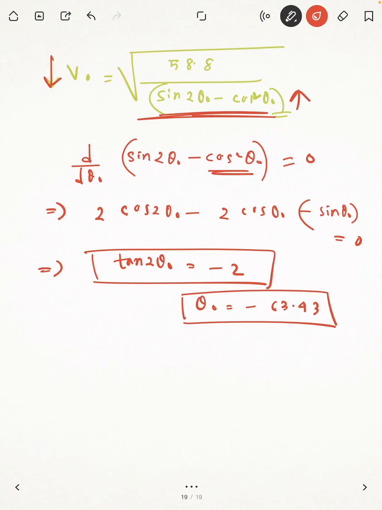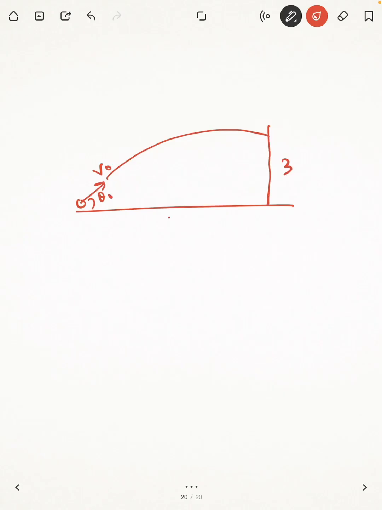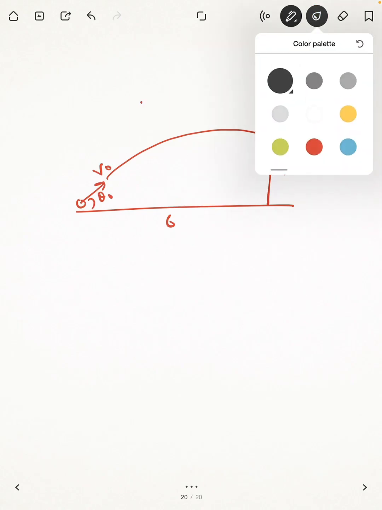So if I draw it here on this page, the football was thrown at a velocity v naught and at an angle theta naught. So that was your curve, and that length was 3 and this was 6. Suppose you draw an axis here.